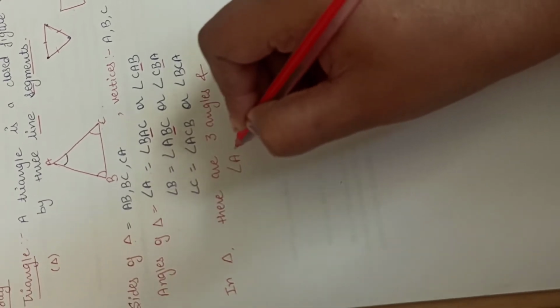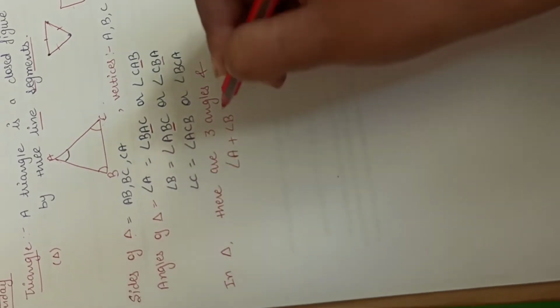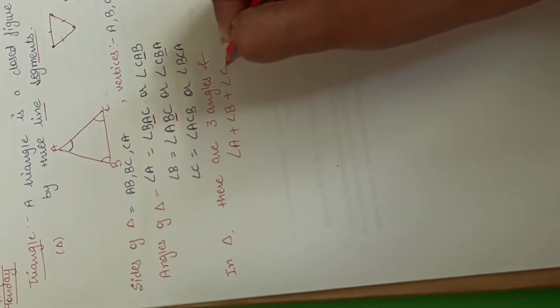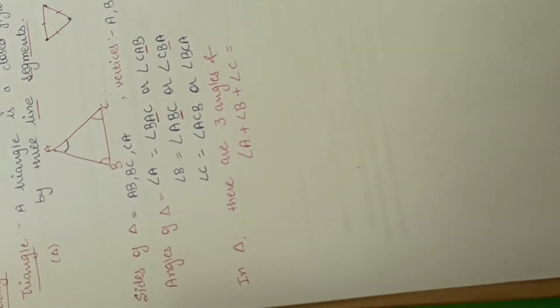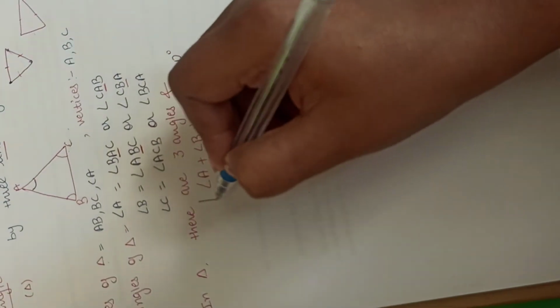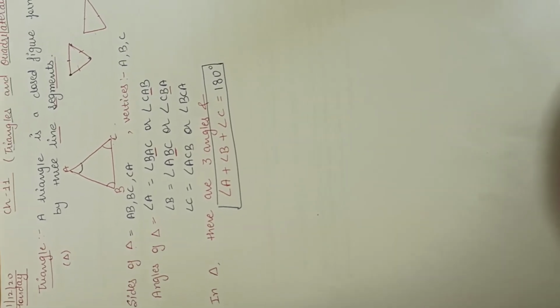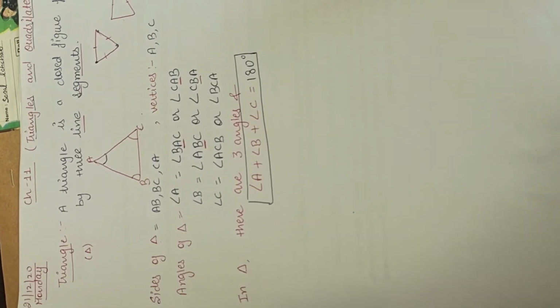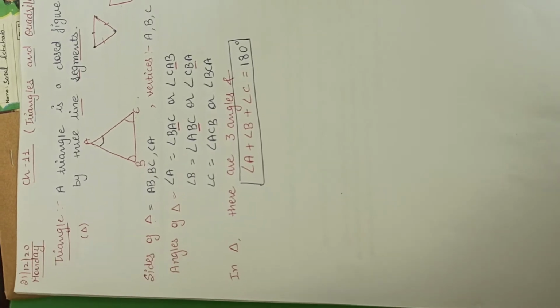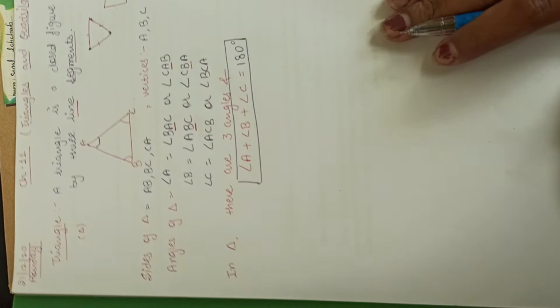Angle A plus angle B plus angle C equals 180 degrees. Remember this point. Angle A, angle B and angle C equals 180 degrees, right? Clear about this triangle? This is the introduction.